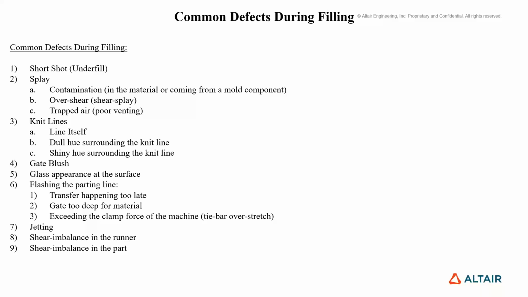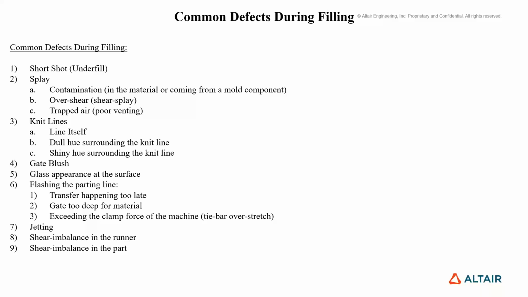If the viscosity is so high and the flow length is so long that I just don't have it in the machine to be able to fill that cavity, I'm going to get a short shot. Or if I trap air and I just can't get the flow to go any further because I've not properly vented, I can get a short shot that way. There's a couple different ways short shots can emerge.